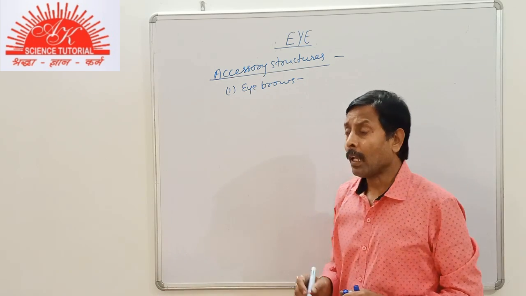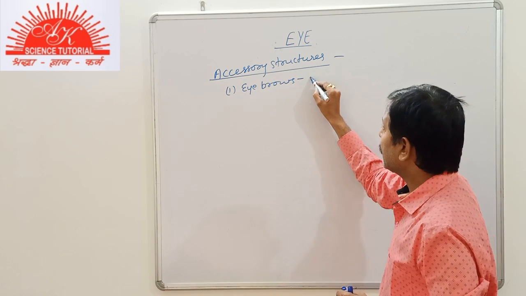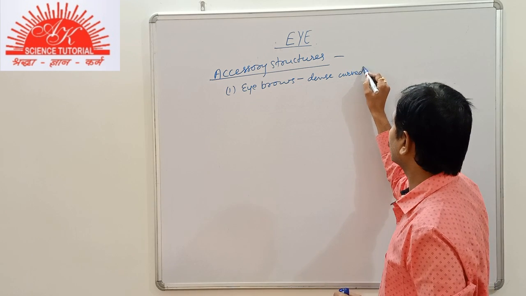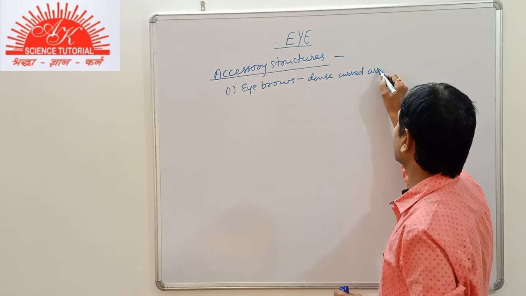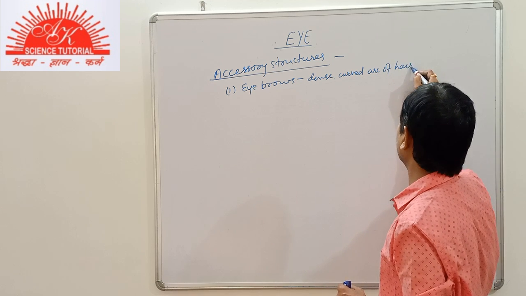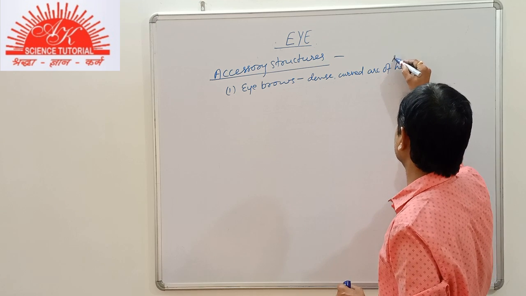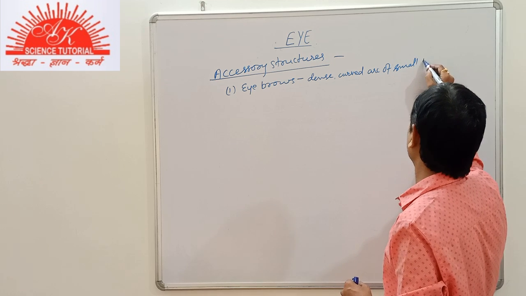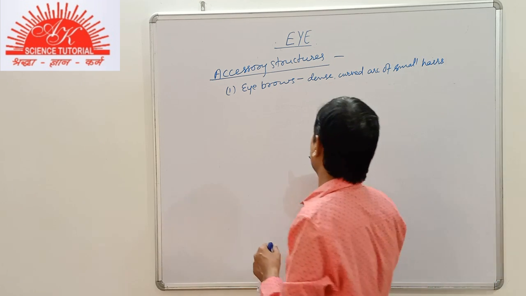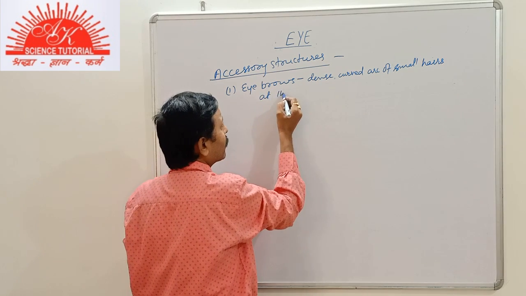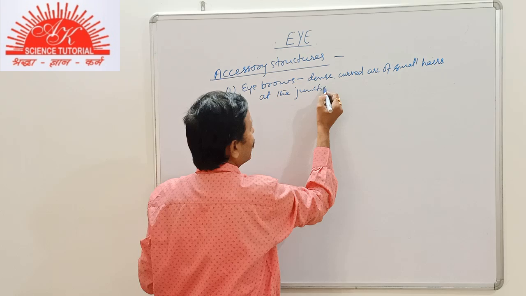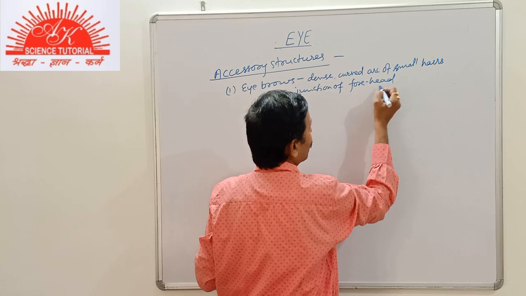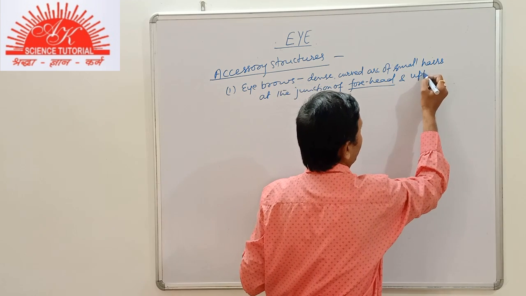Eyebrows are the dense curved arc of small hairs at the junction of forehead and upper eyelid.